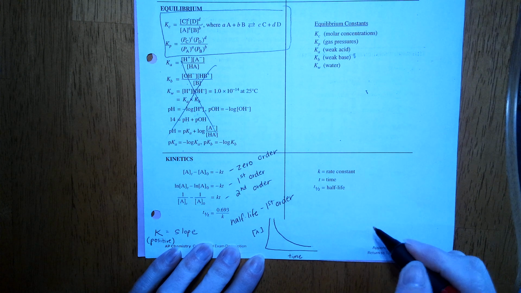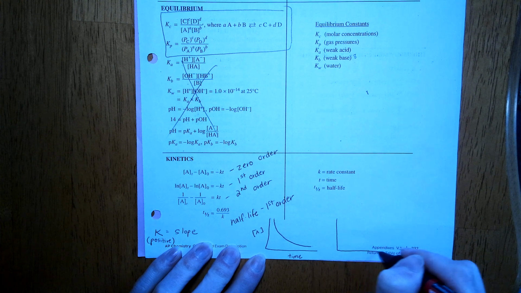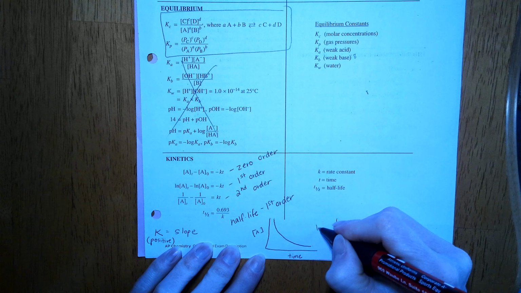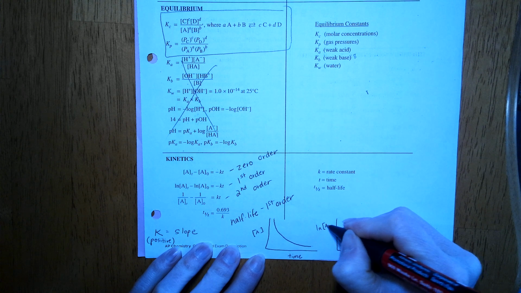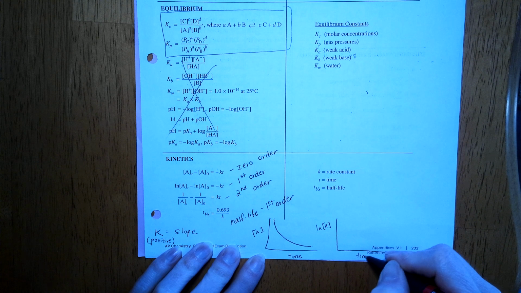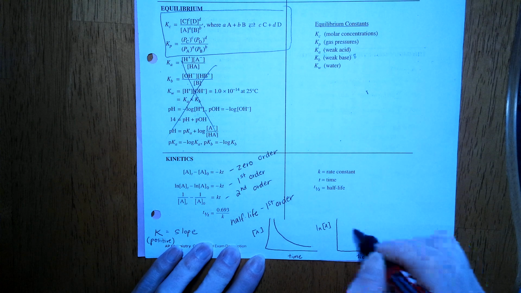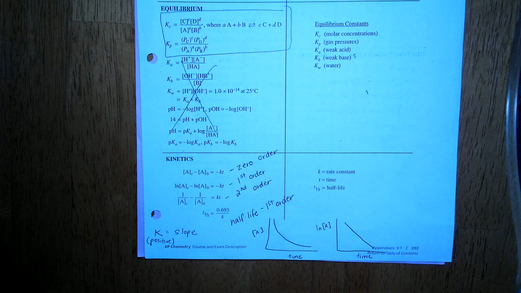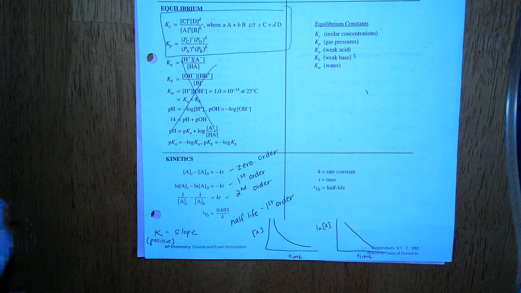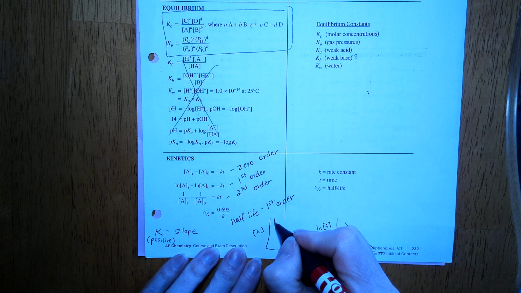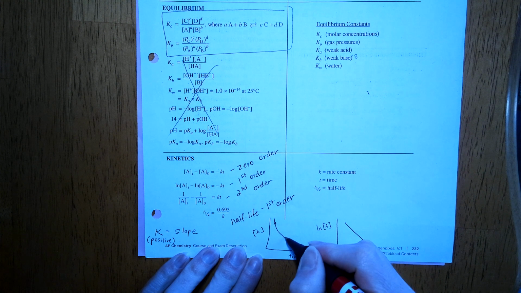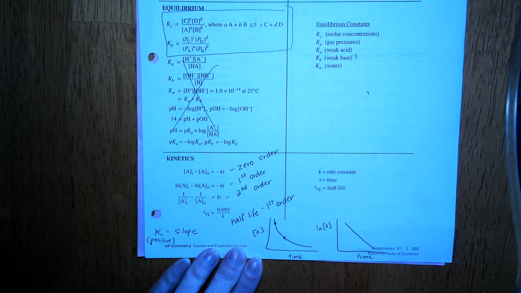And maybe then they also gave me one that was natural log versus time. And then I could say, oh, the natural log graph is linear. It's first order. You could estimate the half-life just looking at how much time it takes for the concentration to go down by half.